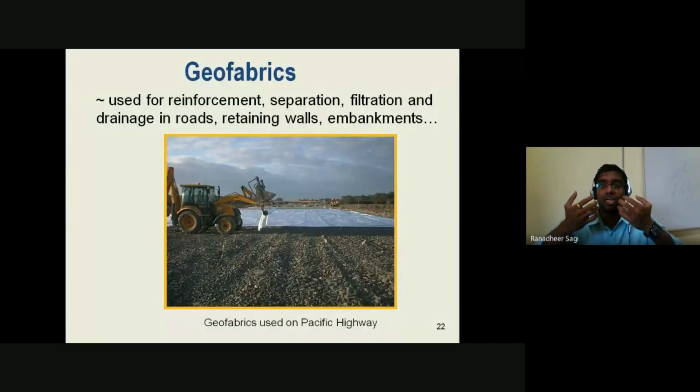Improving the behavior in terms of increasing the bearing capacity, or improving the filtration characteristics, or improving the drainage condition in that soil strata. So what are you interested in improving? According to that, different types of geofabric or geosynthetic materials are available, which can be made use of to improve that particular ground condition.